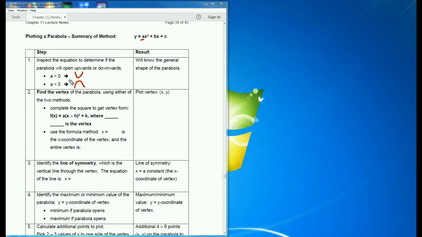Find the vertex of the parabola. So again, we're not going to cover this first method. What we just covered was the second method, the formula method. Just calculate the x-coordinate. X equals negative b over 2a.